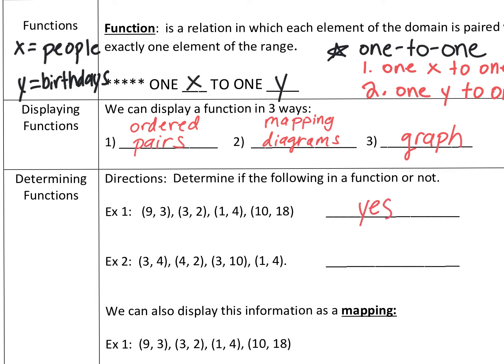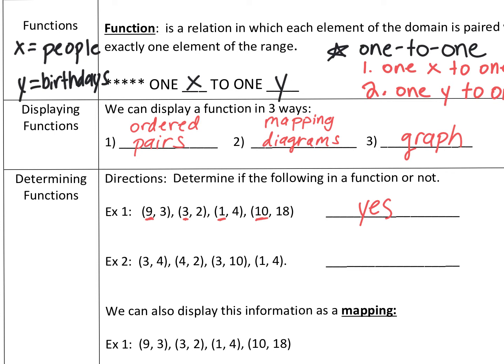If we look at all of our x values, are any of those repeating? Meaning, do we have any duplicate people? No, we don't. So yes, this would be a function. Would it be a one-to-one function? Do any of the y's repeat? No, so yeah, this would be a one-to-one function as well.